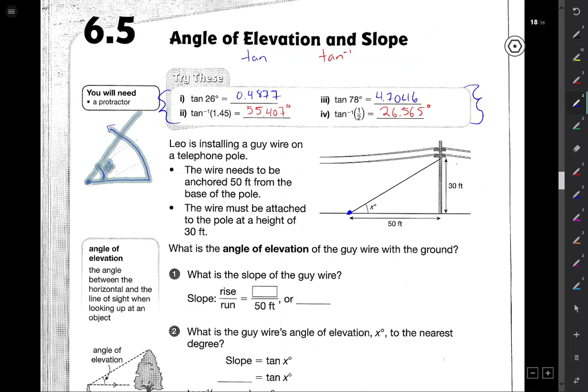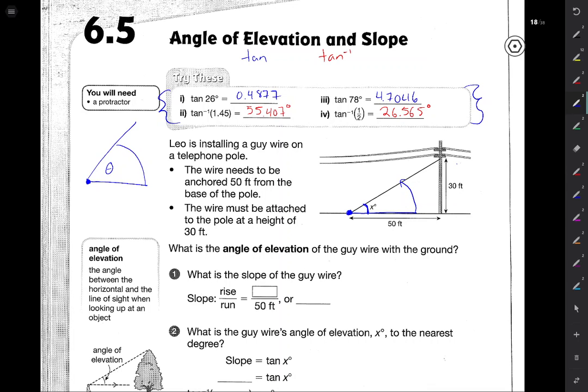Get some practice at that. If we have our starting point down here and we go horizontally out and then up, our angle of elevation is this angle in here, the x degrees that they have labeled on our diagram.